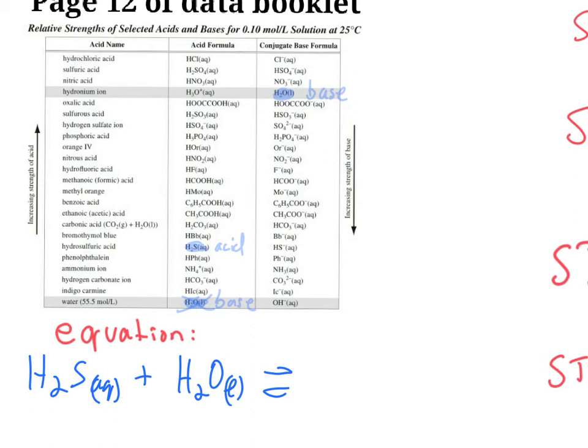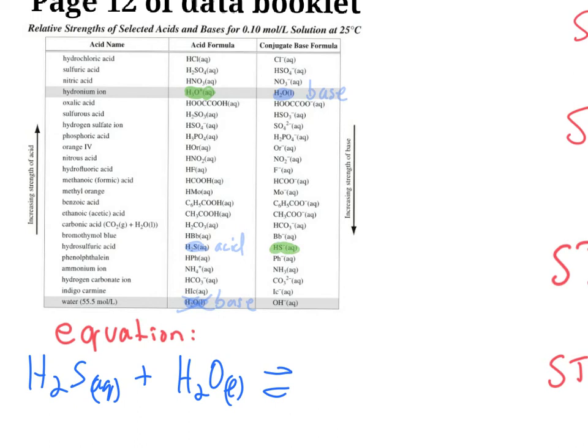First of all, we are going to find our base, which is right here, the water, and just on the other side of that we see H3O positive. Now that is going to be the hydronium ion. On the acid part of it right here with H2S, we just go to the other side of that and we find HS negative, which is the hydrogen sulfide ion. And now we're almost done.